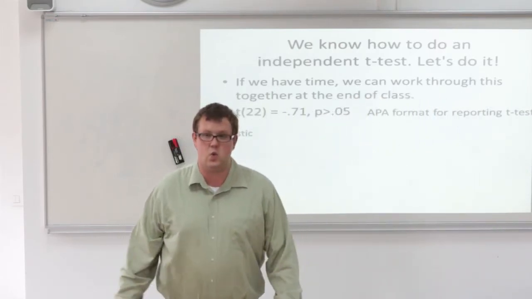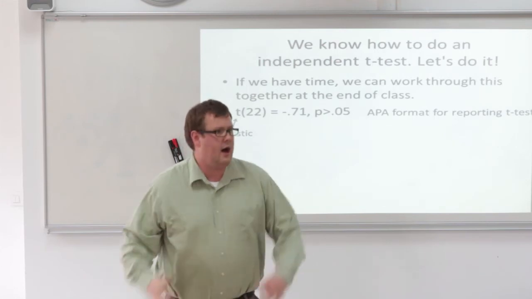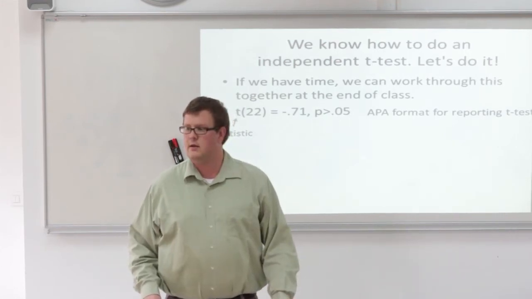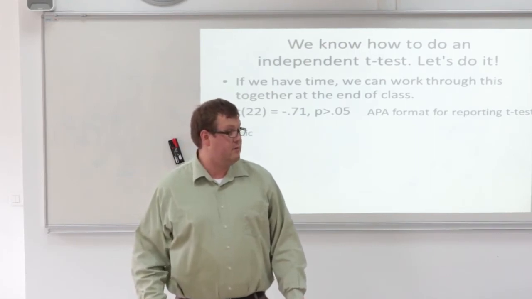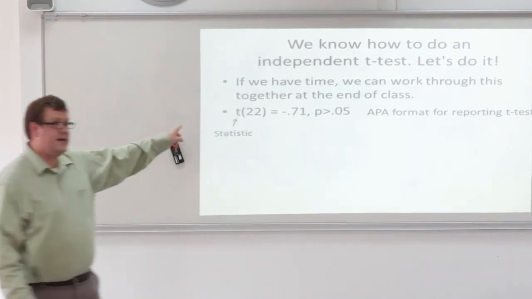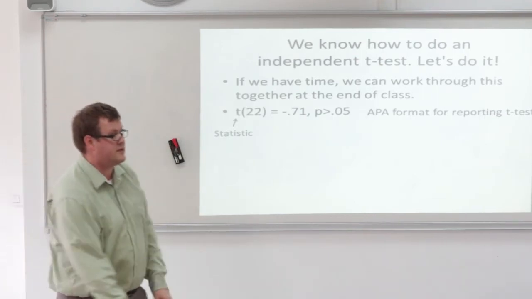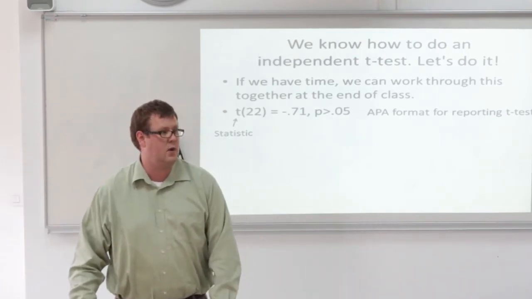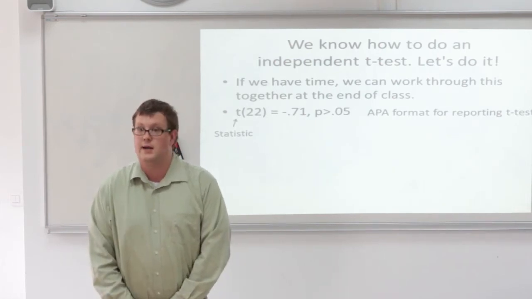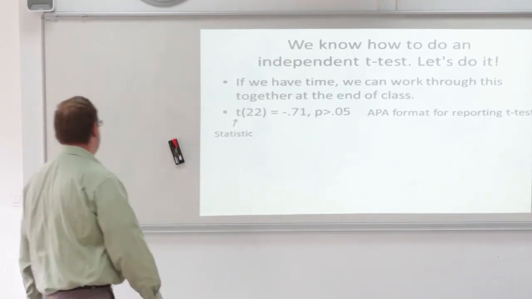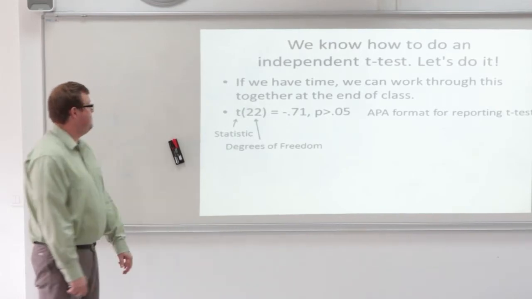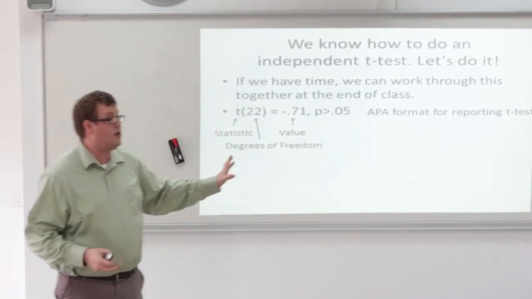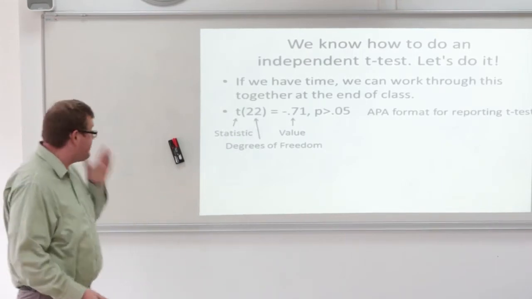We had 12 observations for sample 1 and 12 observations for sample 2, right? It's the degrees of freedom. For an independent t-test, the degrees of freedom is the sample size 1 plus the sample size 2, minus 2. That's 12 plus 12, 24 minus 2, 22. So we have the statistic, the degrees of freedom, and this is the t-score that we observed, our observed t.